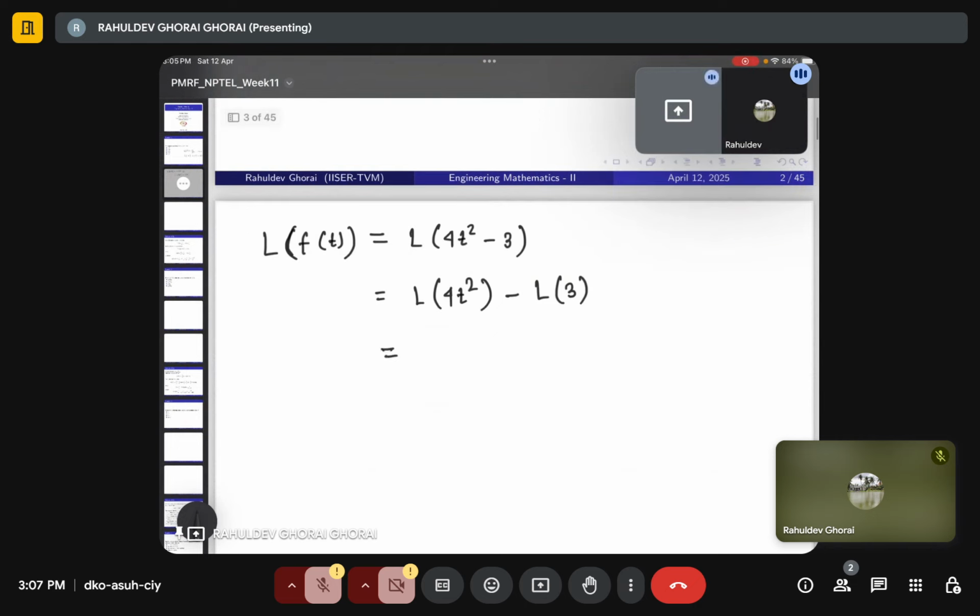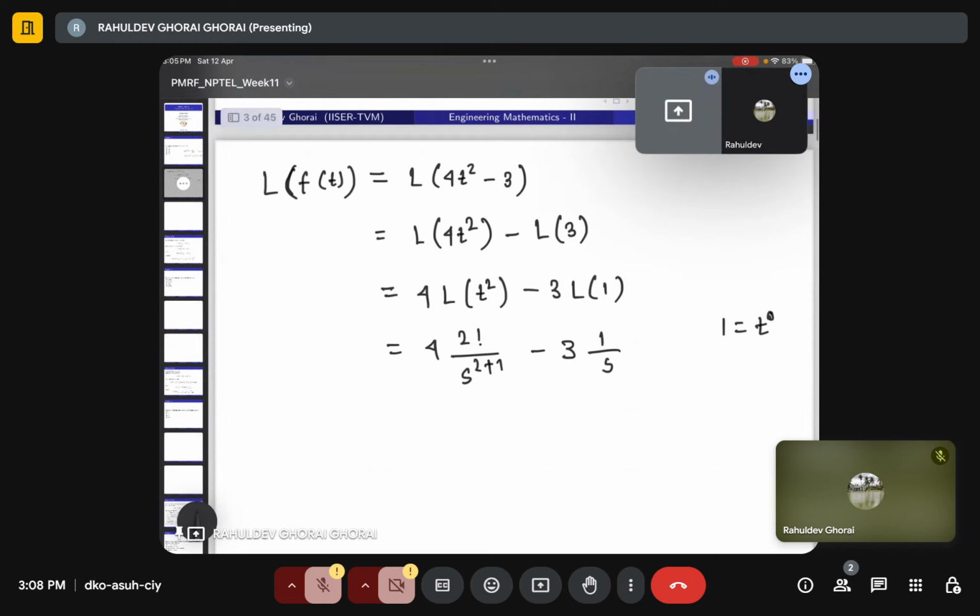And we know any constant inside a Laplace transform can come out. Now you know Laplace of t to the power n is n factorial over s to the power n plus 1. Minus 3 times, this 1 we think as t to the power 0, then it will be 0 factorial, which is 1 over s.